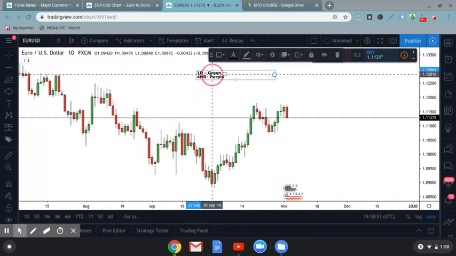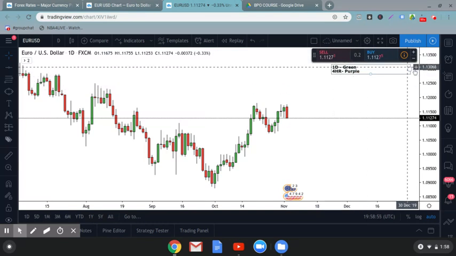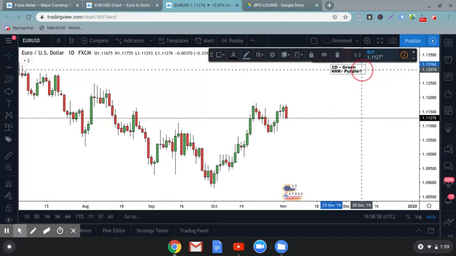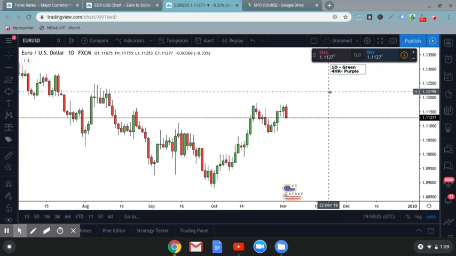Go ahead and move him over here. So as you guys can see, boom, these are my lines: the 1 day is green support and resistance, and the 4 hour will be purple.